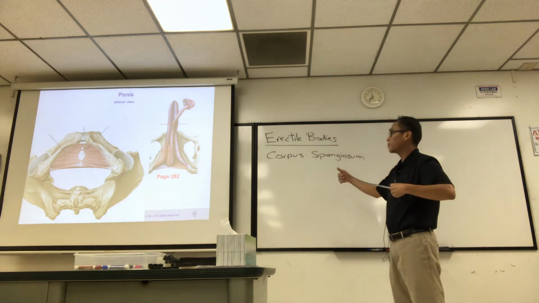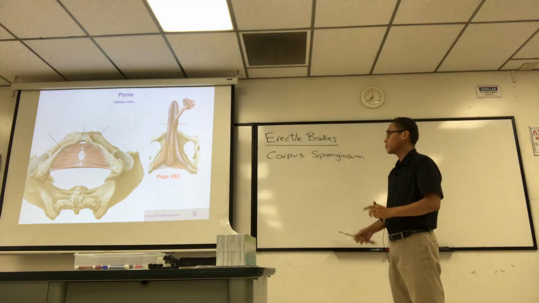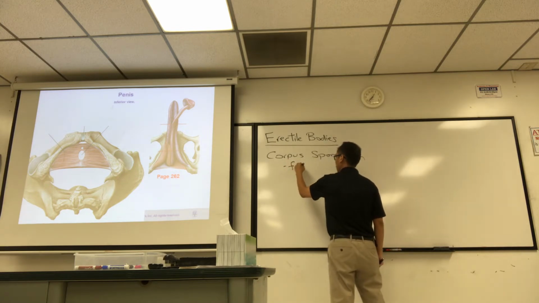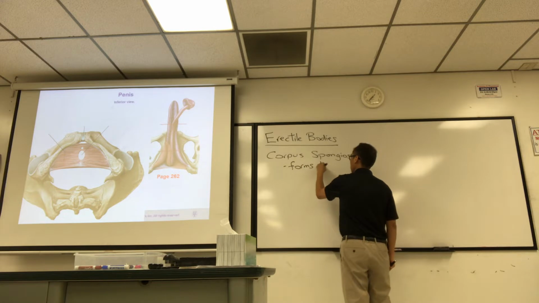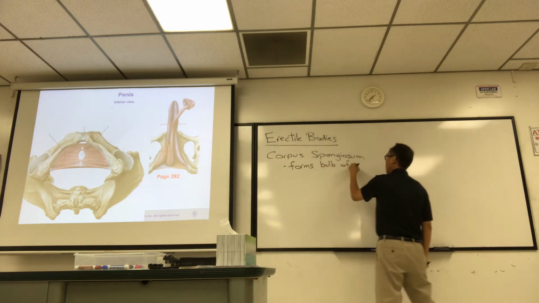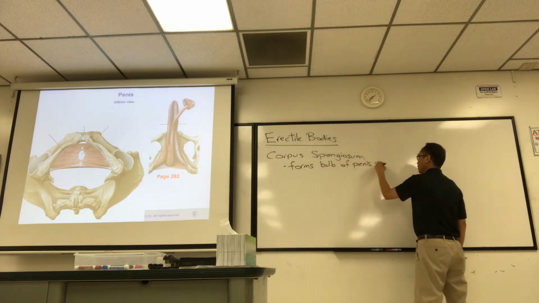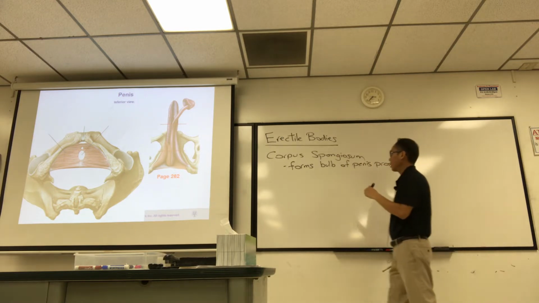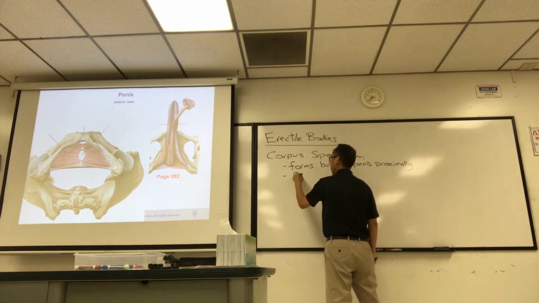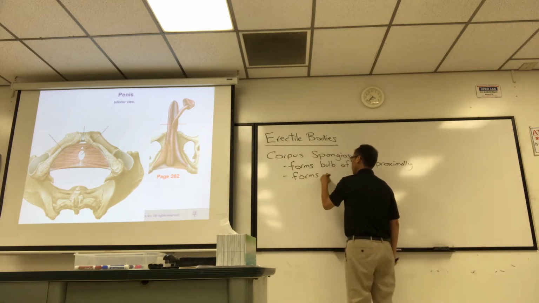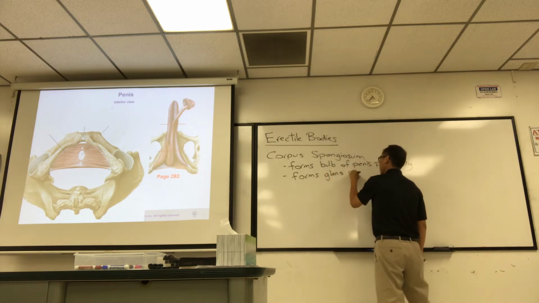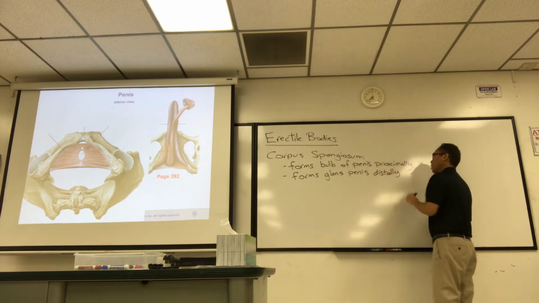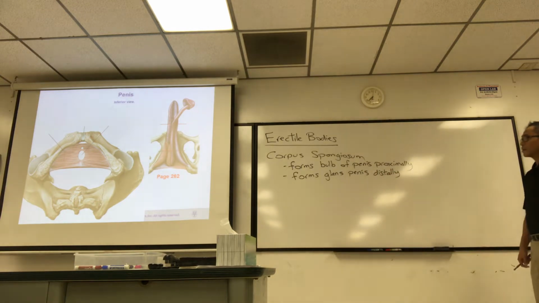But when you do separate them, the corpus spongiosum proximally forms the bulb of the penis. Also forms the glans penis distally, so you are expected to know that.